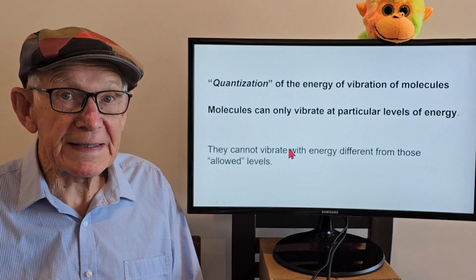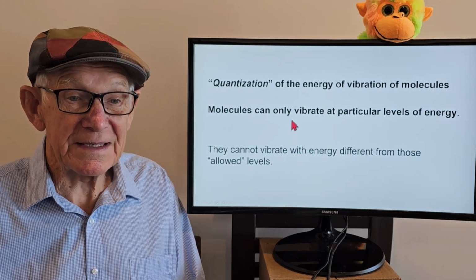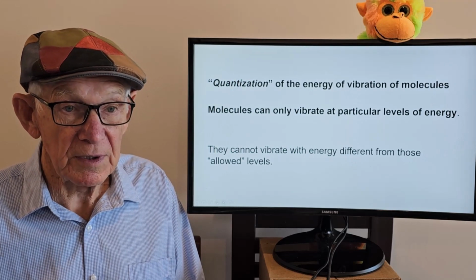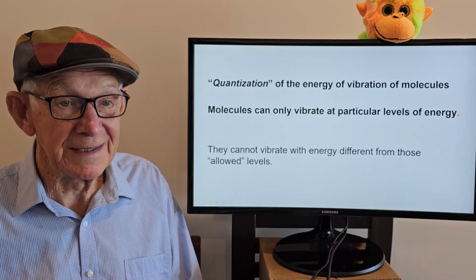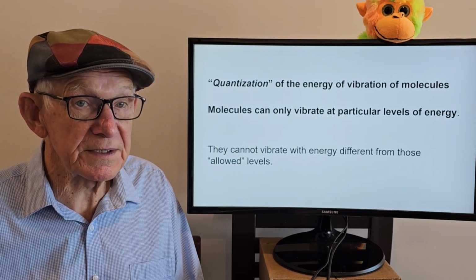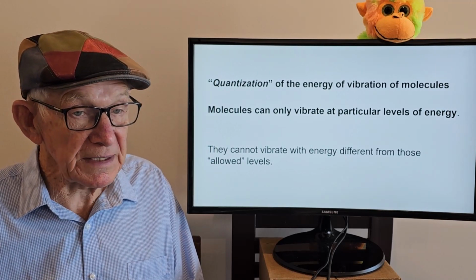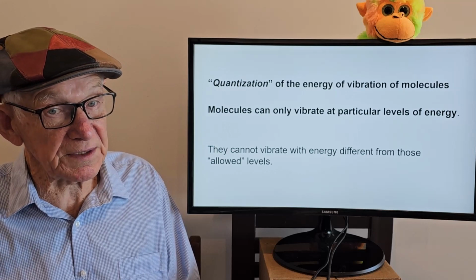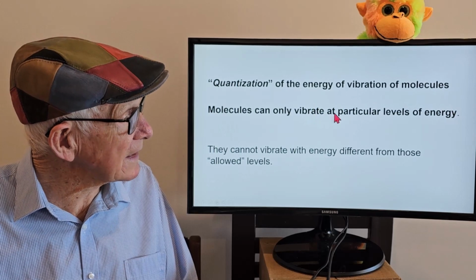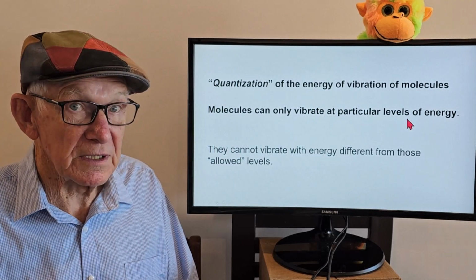Now, the key to the whole story is that the energy of vibration of molecules, all molecules, including carbon dioxide, is that the energy levels are quantized. And that means, we've talked about this in another context, the molecules can only vibrate with particular levels of energy.